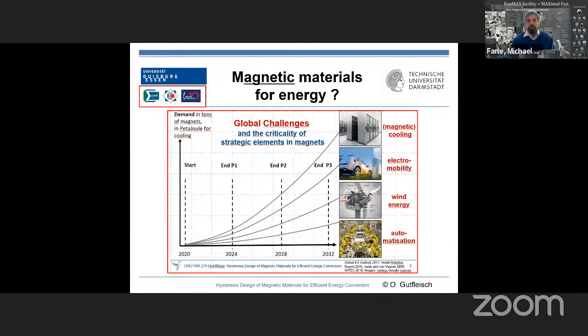One example, which colleagues from Daimler told me, is if the electromagnet in your electromobile car is 2% more efficient than current magnets, then the car will drive 20 kilometers further. So 2% corresponds to 20 kilometers.